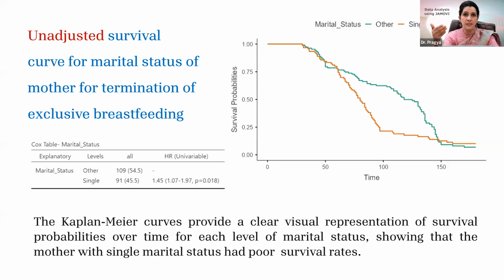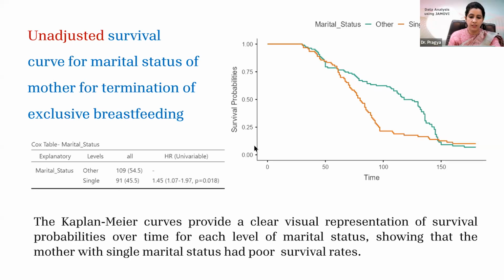For example, in this survival curve, my independent variable is marital status, classified as single mothers and mothers who are not single, which I have classified as other, and the article also has classified it as other. So this is the unadjusted survival curve for marital status of mother for termination of exclusive breastfeeding.